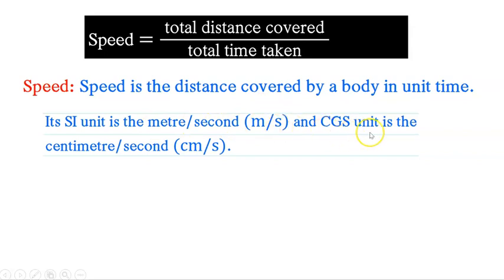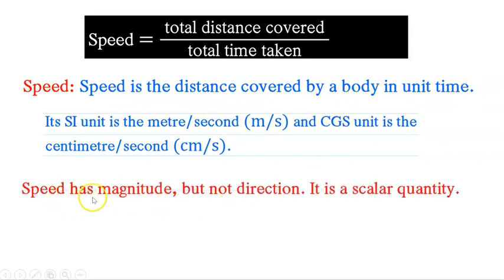And the CGS unit is centimeter per second, or cm per s. These are the units of speed. And the definition of speed: speed is the distance covered by a body in unit time. Speed has magnitude but not direction.